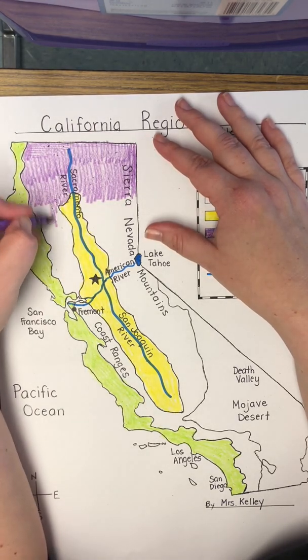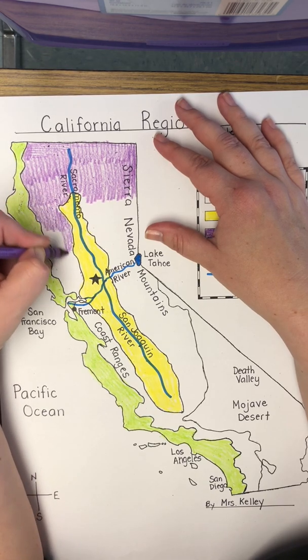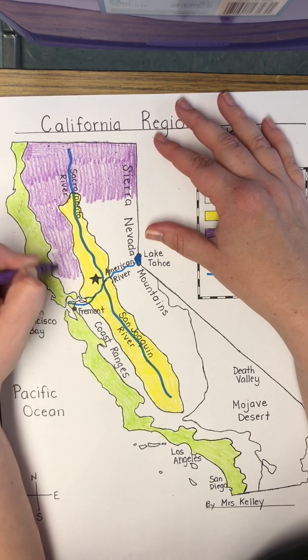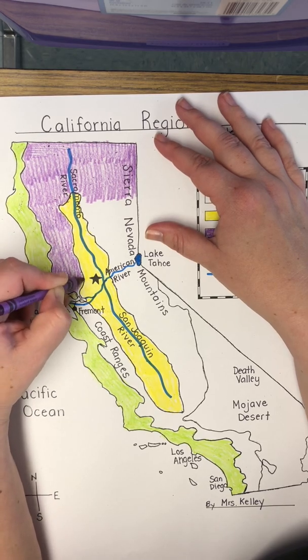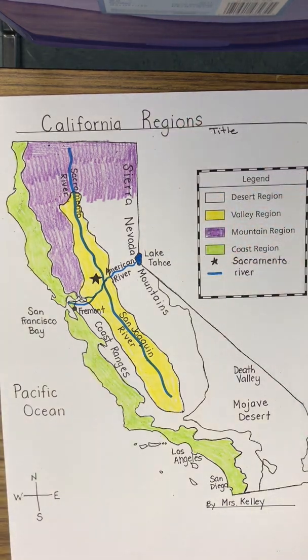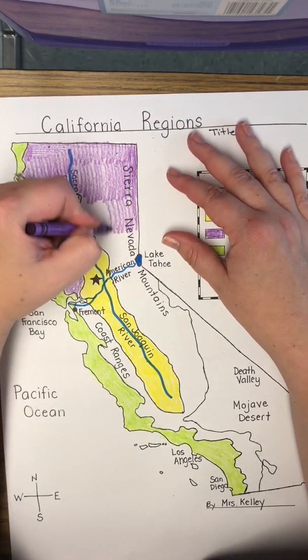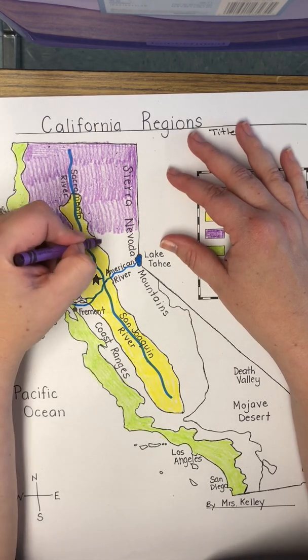All right, and now I'm going to keep going around my valley. And remember, these are all mountains in here. All the way down to almost the Bay Area. Check that out. All right, now I'm going to come on this side, and I'm going to color in these mountains over here by Lake Tahoe and the American River.